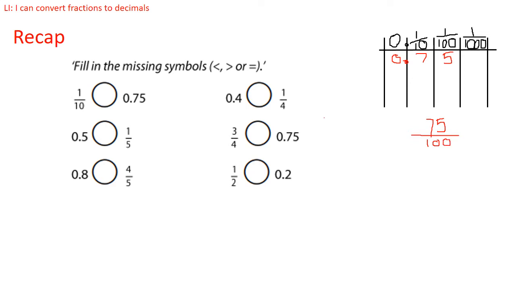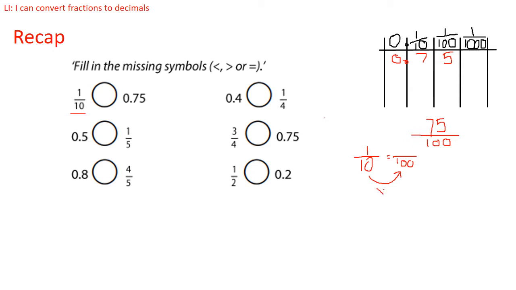But we can't compare this to our 1/10 over here because we don't have the same denominator. So we need to do something with our 1/10 so that we find an equivalent fraction with a denominator of 100. What do we times 10 by to get to 100?